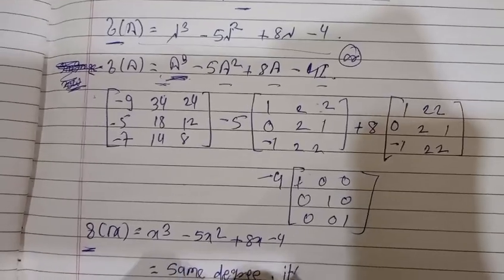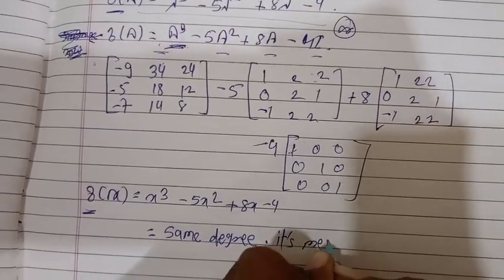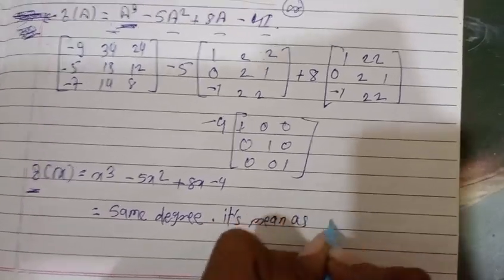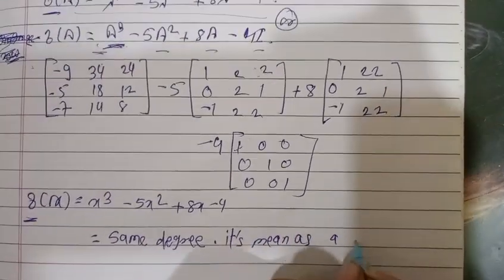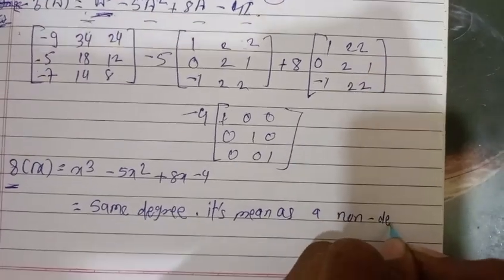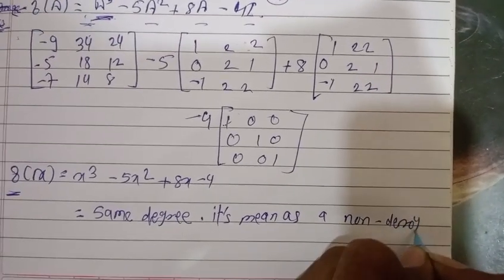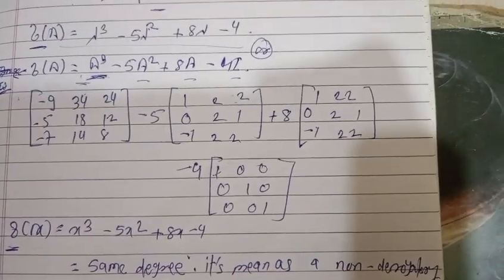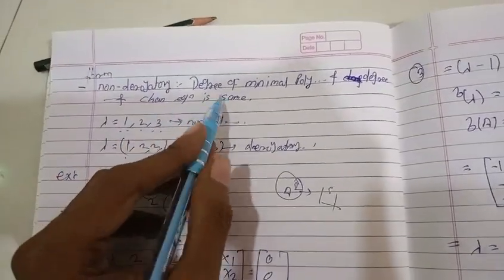It means non-derogatory, and that's called that equation has a non-derogatory degree.